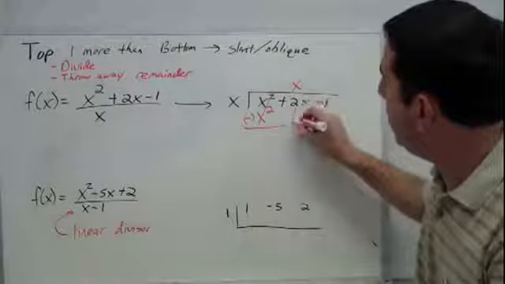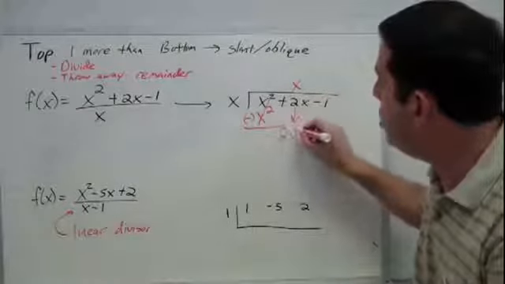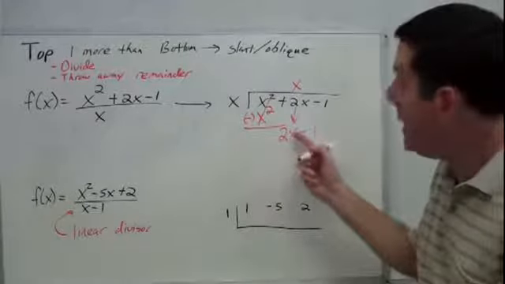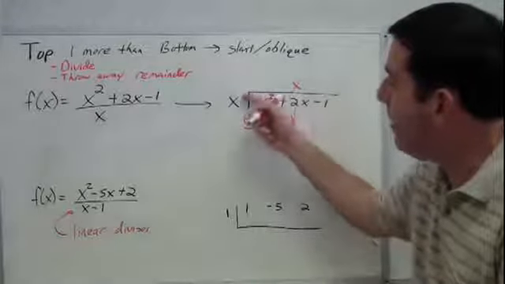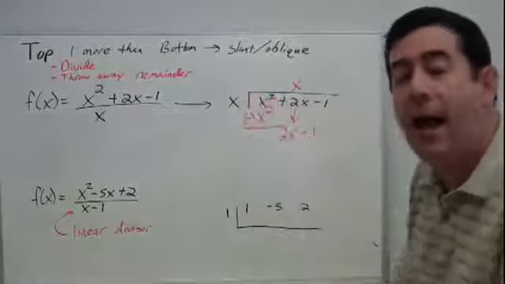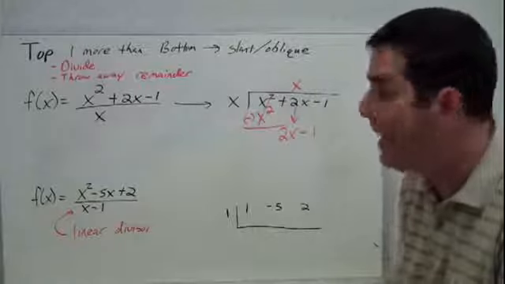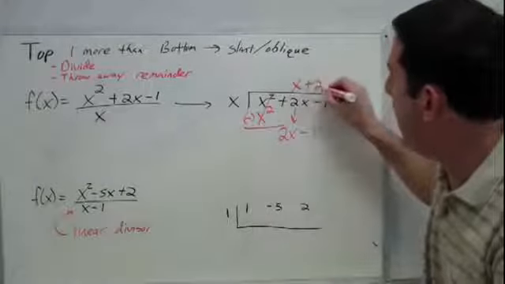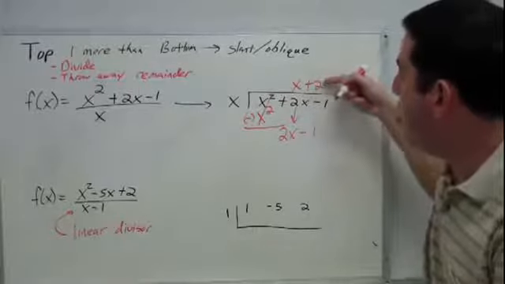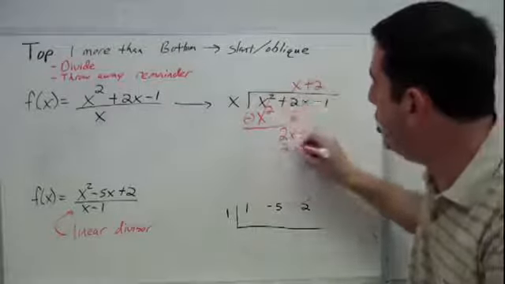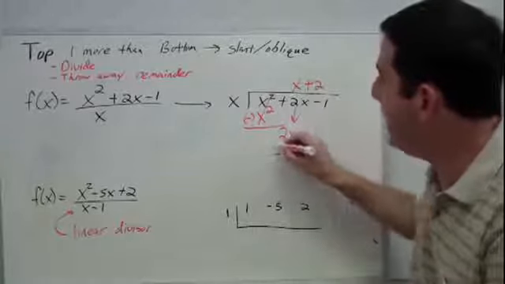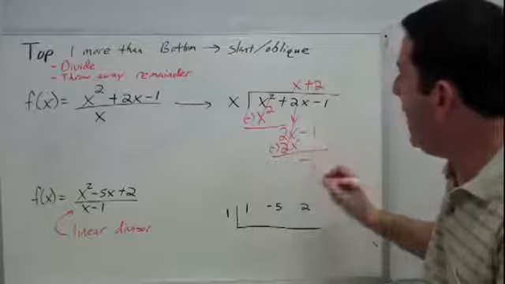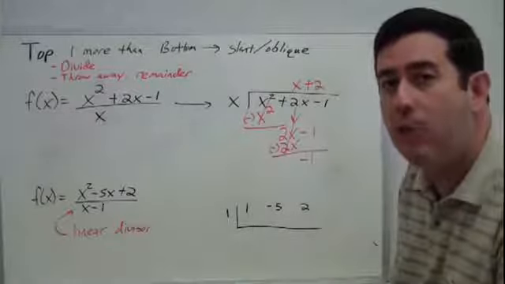For this particular problem, let's bring down 2x minus 1. As long as the degree here is the same or more than the degree there, I can continue to divide. So x goes into 2x 2 times. Let's multiply. 2 times x makes 2x. And again, let's subtract. The 2x's have gone away, and we're left with a -1 remainder.